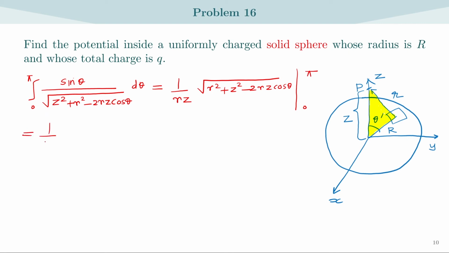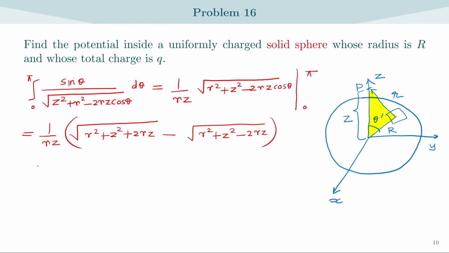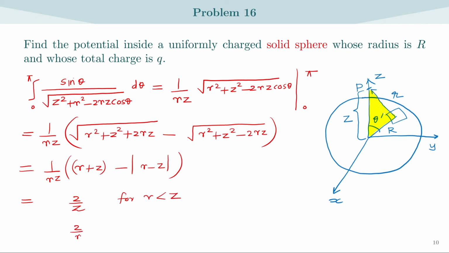So this is equal to 1 over rz times [√(r² + z² + 2rz) − √(r² + z² − 2rz)], and this is equal to 1 over rz times [(r + z) − |r − z|], and this will be equal to 2 over z for r less than z, and will be equal to 2 over r for r greater than z.